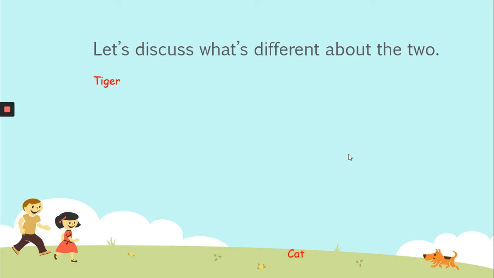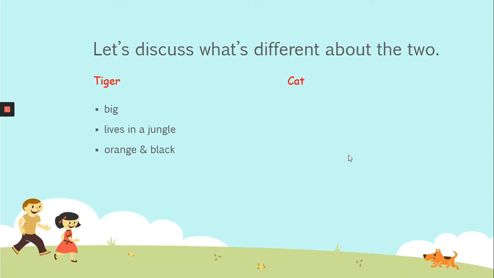A tiger and a cat. What is different? A tiger is bigger than a cat. A tiger is a wild animal, so it may live in a jungle. And most tigers are orange and black.